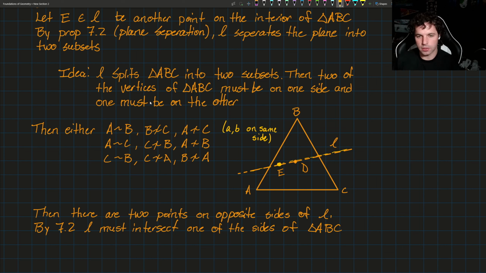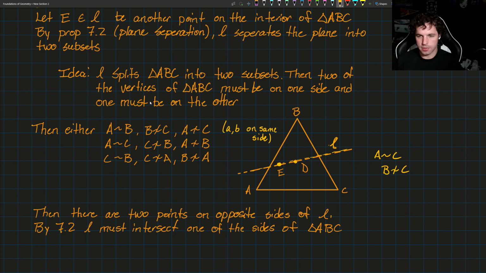So we have point D, which is given. E is now on the interior, and the line through ED is called L, right? So in this case, it splits the entire plane into two subsets. In this case, A and C are related to one another. B and C are on opposite sides.